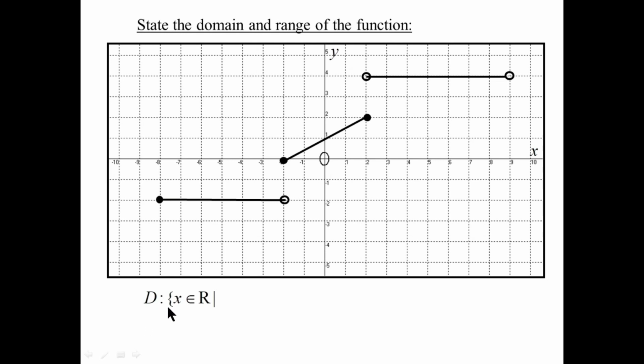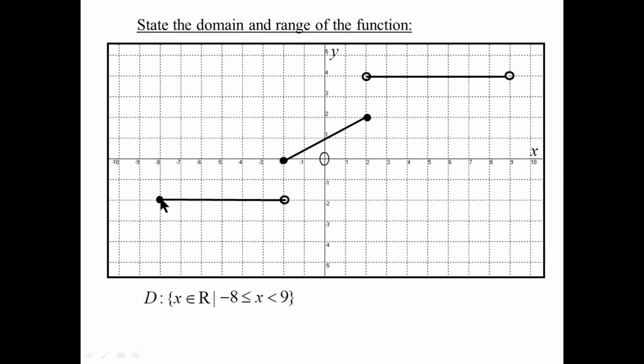So we say that the domain is the set of x is in real numbers such that x is in between -8 and 9. So we put x in between -8 and 9 with the lowest number on the left and less than or equal to signs. And this symbol here, less than with the half equal sign, means less than or equal to.